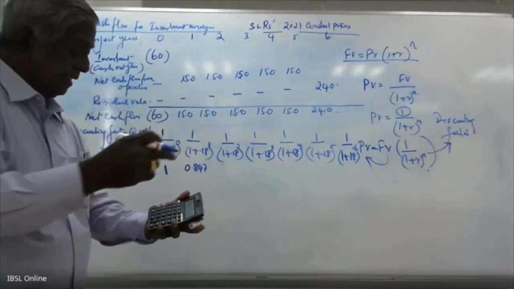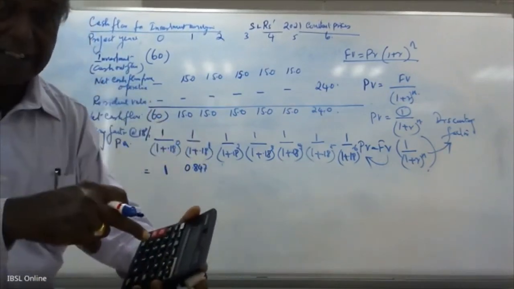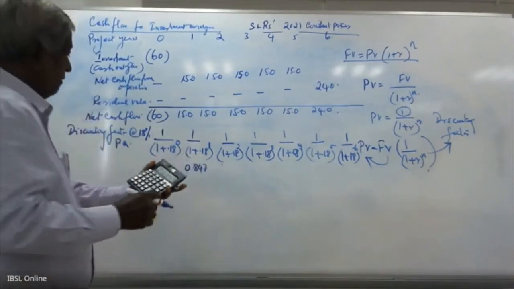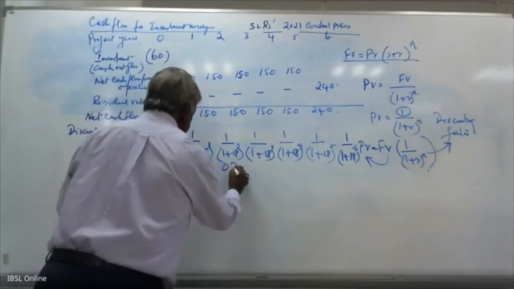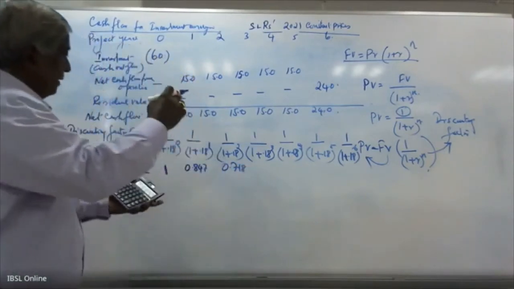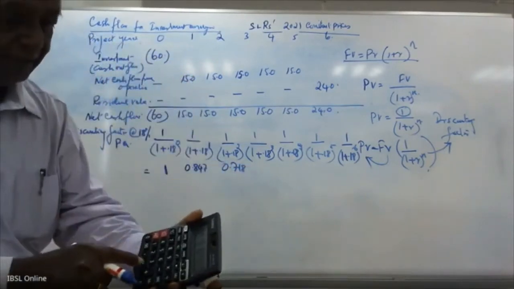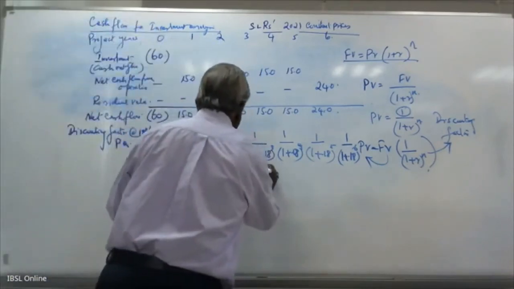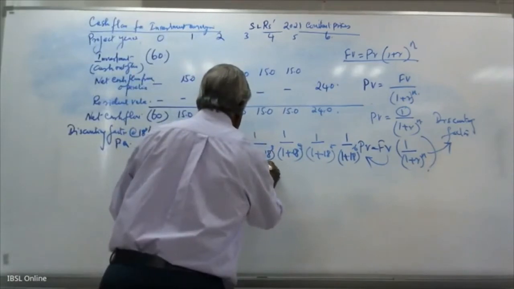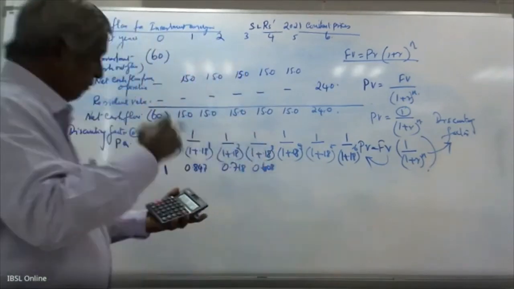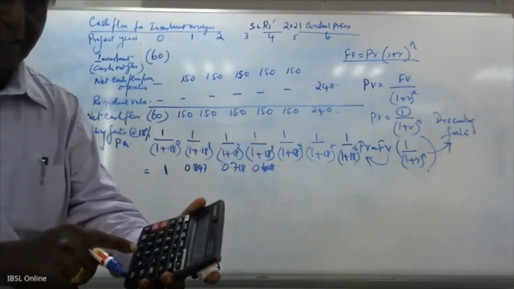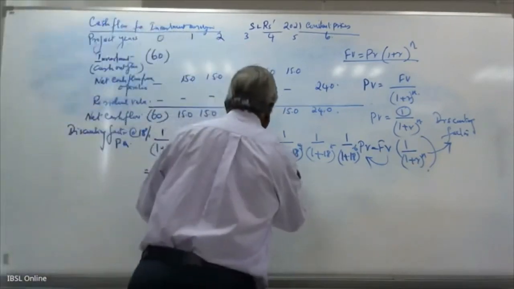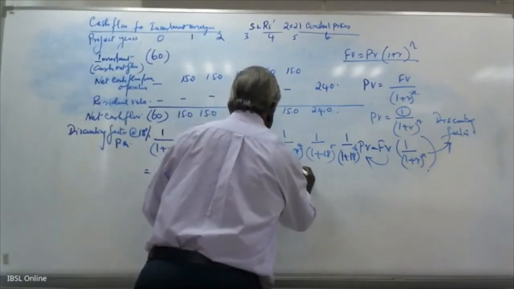Then for the second year, again dividing, equal sign, 0.718. Third year, again divide, equal sign, 0.608. Fourth year, again divide, equal sign, 0.515.